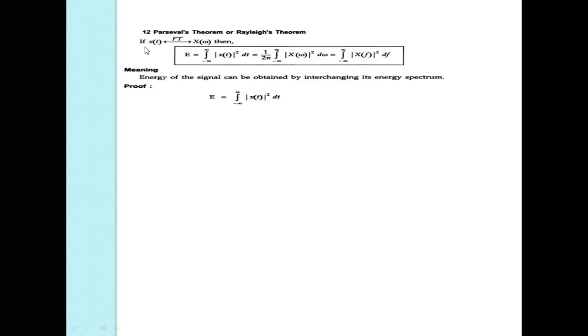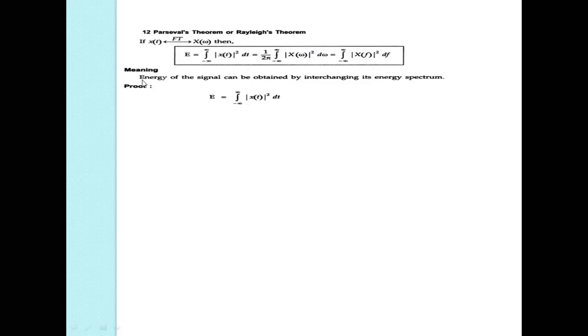What is the statement here? If x of t is the Fourier transformation of X of omega, then the energy of the signal, the integral from minus infinity to infinity of the squared magnitude of x of t dt, is equal to 1 by 2 pi times the integral of the squared magnitude of the frequency domain X of omega d omega, and it is also equal to the integral of the squared magnitude of X of f df.